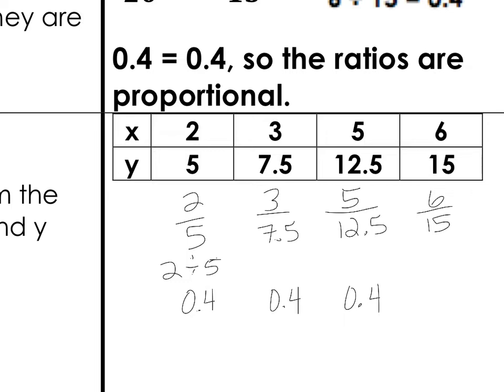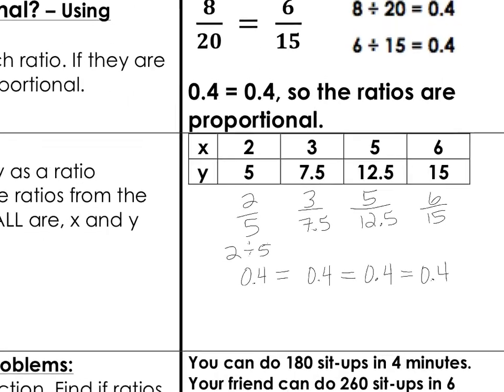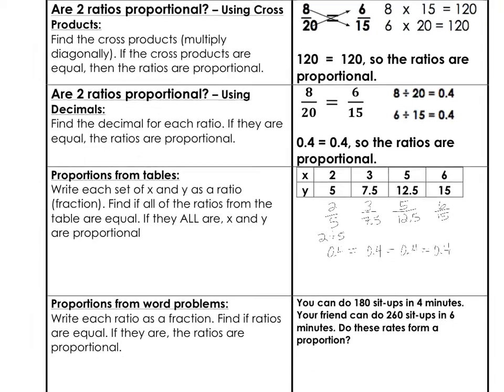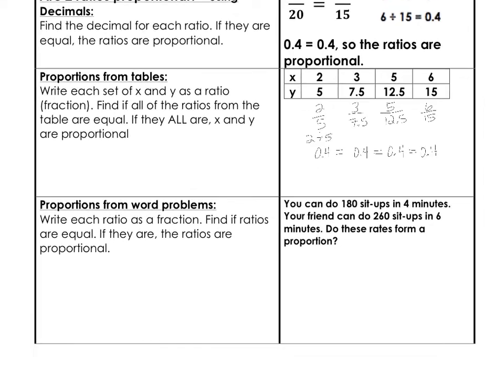If I do 6 divided by 15, that's also 0.4. All of these are equal, so it means they are proportional, okay? That's what we did there. All of them have to be equal, though. If one of them is not equal to the other ones, it's not proportional, okay?